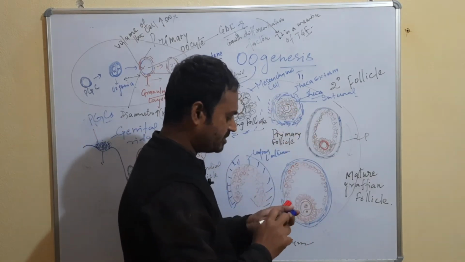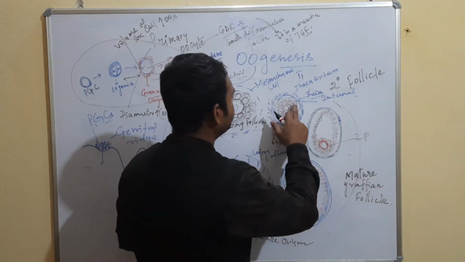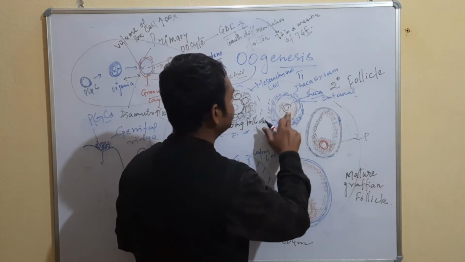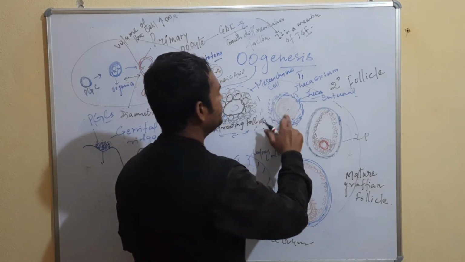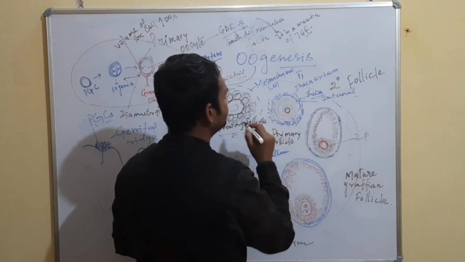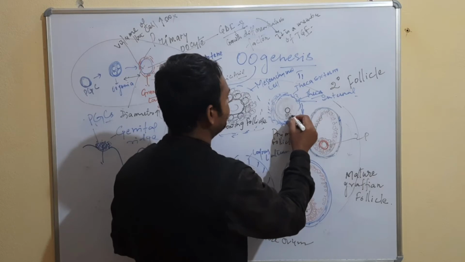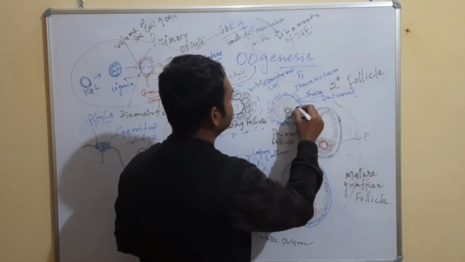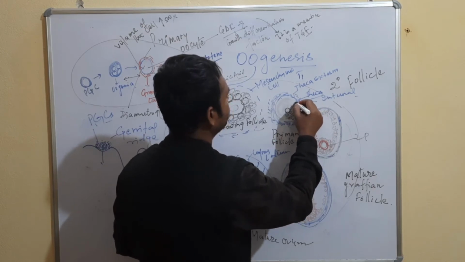After dividing, what happens? The granulosa cells will start to divide, as we have already discussed, and they will divide in such a manner that certain gaps and a space will remain.